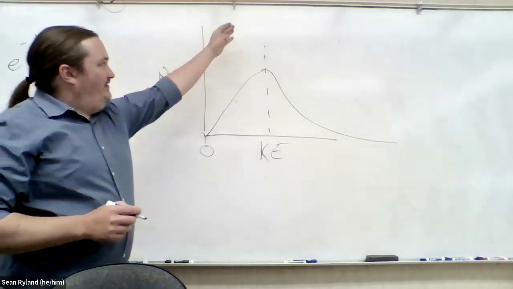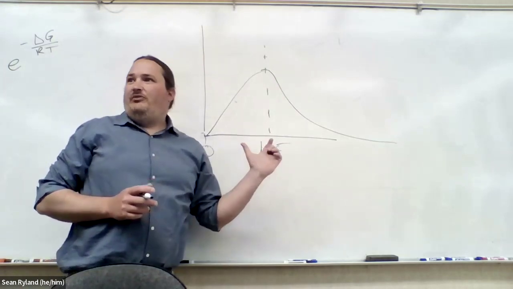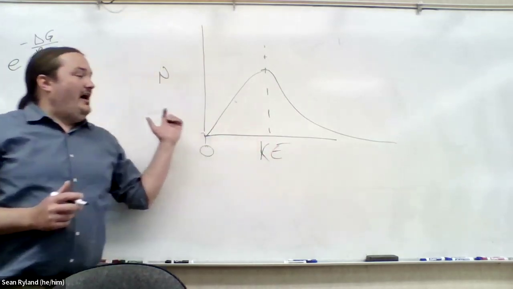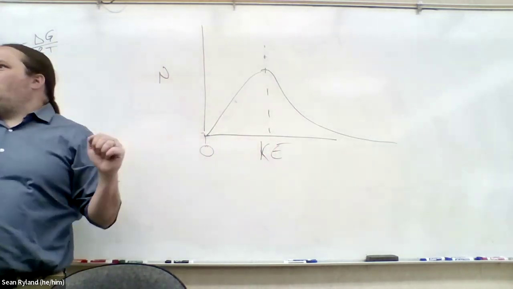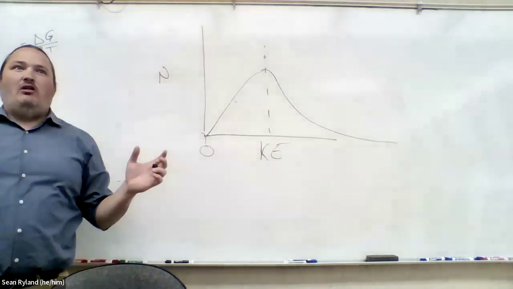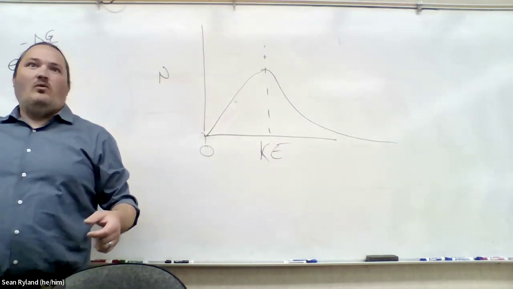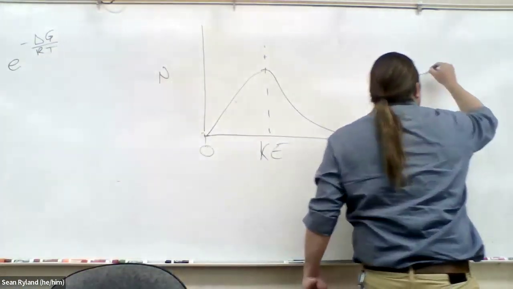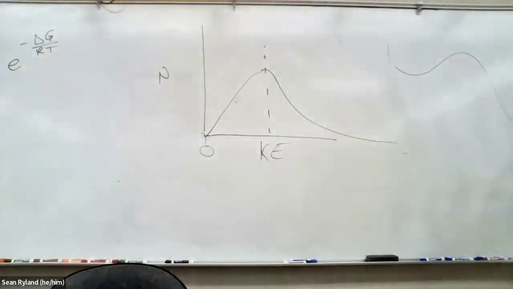Well, if this line represents the average kinetic energy, how does this apply to things like equilibrium? It means that if you look at the number of molecules that have a certain amount of energy, there's going to be a ratio of molecules that have X energy versus molecules that have Y energy. Let's say we think about our reaction. Remember, we call this a potential energy surface.